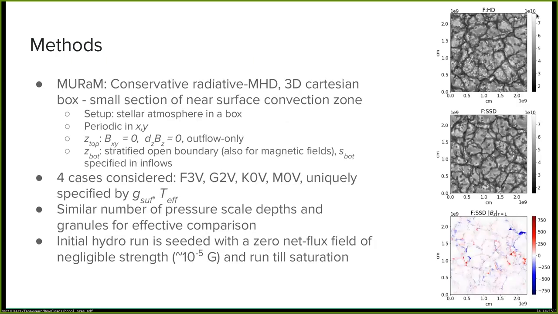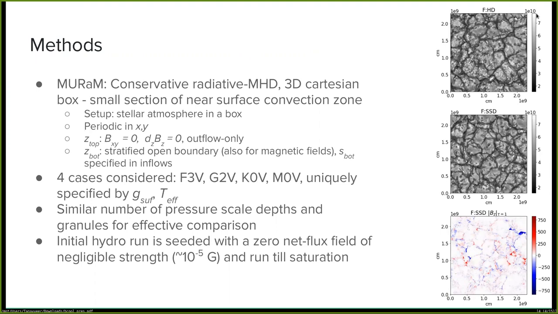Okay, to the more interesting stuff. Methods. As introduced in the earlier talk, MURaM is a simulation code which solves the conservative radiative MHD equations in a 3D Cartesian box and allows us to simulate a section of the near-surface convection zone and the atmosphere. It is realistic in the sense that it treats a lot of the detailed physics very well.